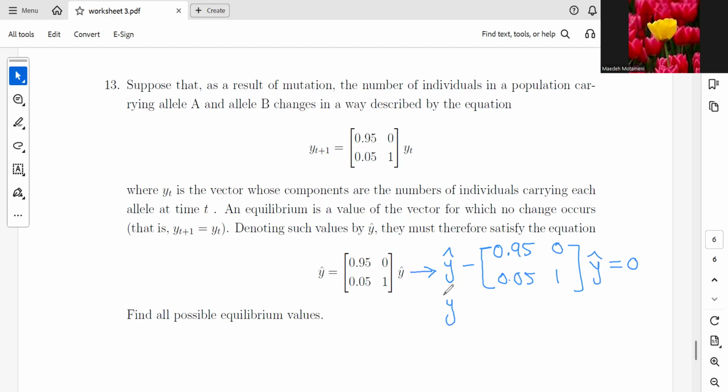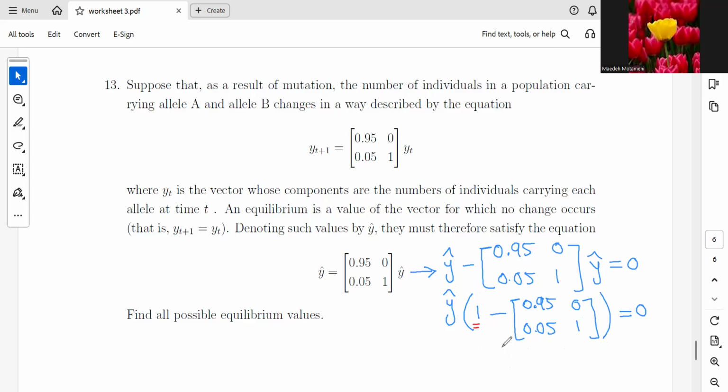We're going to factor out the y hat. It will be 1 minus 0.950, 0.051 equals 0. So there is a thing here. It means that inside the parentheses, you are subtracting a matrix from a number, and this is not correct.